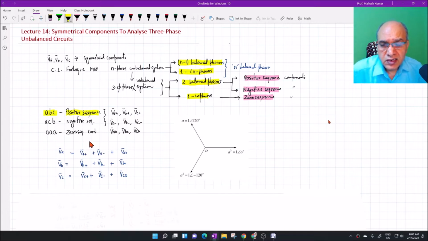We normally denote three-phase system either by ABC phases or by RYB. In some notations it is RTU. As per our electricity board authority, we use either ABC or RYB. So RYB stands for red, yellow and blue.